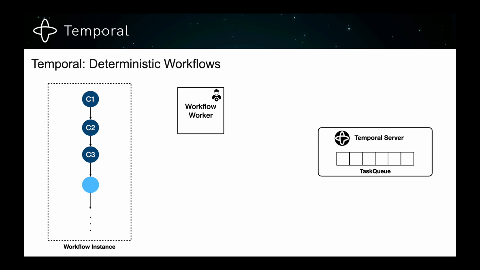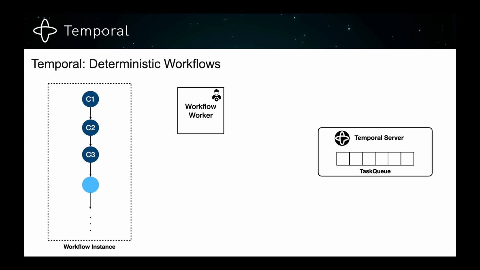Each particular step in your code or in your workflow you can see as commands. On the left-hand side, we see, for example, a workflow instance, which currently has executed, let's say, pieces of code that represent command 1, 2, and 3.